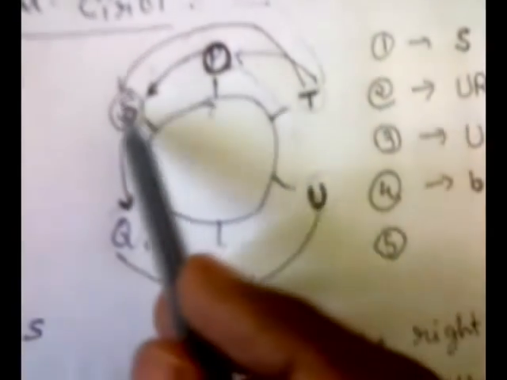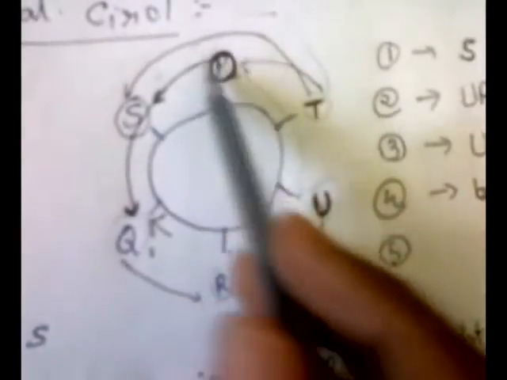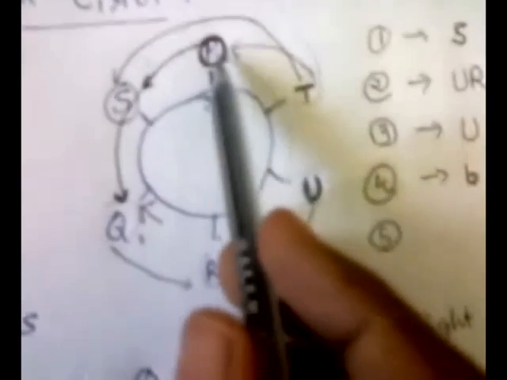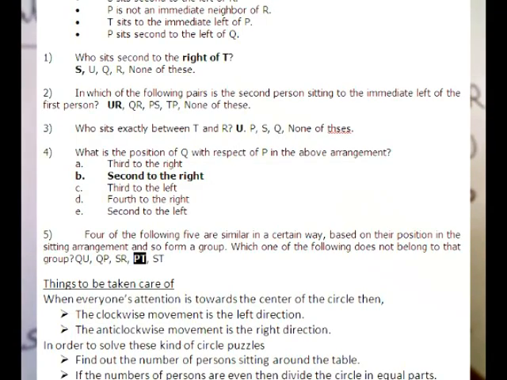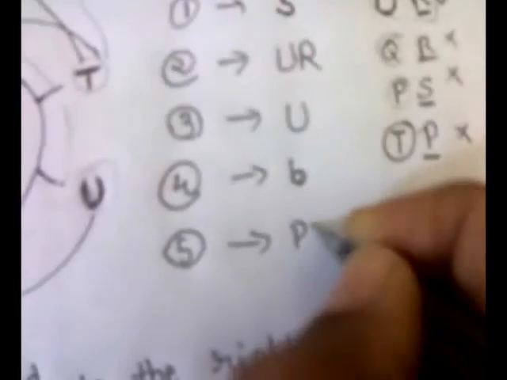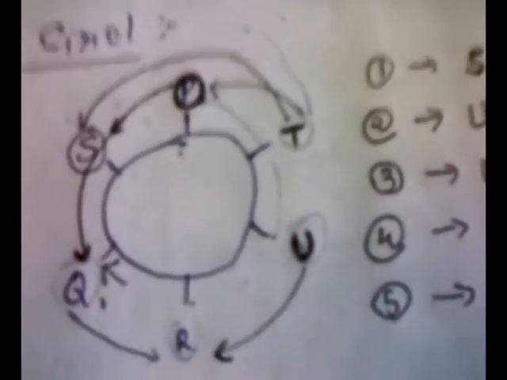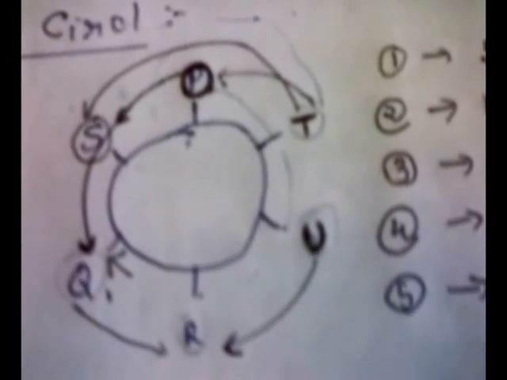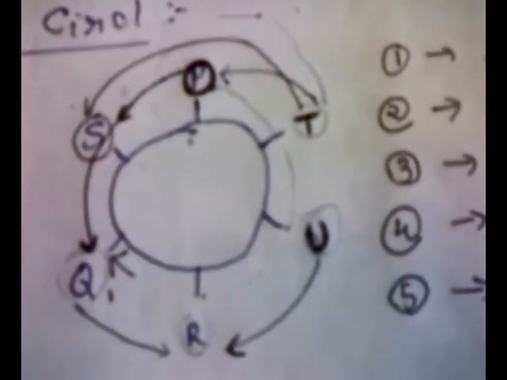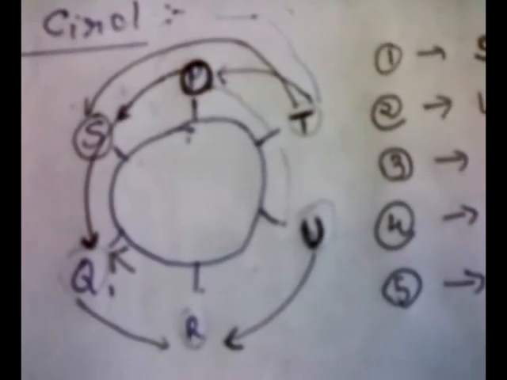And ST, also there is one person sitting in between. So the fourth option, PT, is different from the other four. So our fifth and final answer is PT. So in this manner we have solved our first circular arrangement question with 6 persons sitting around a circle.